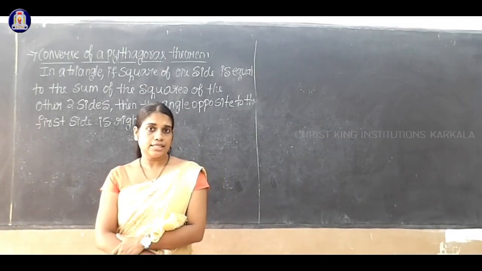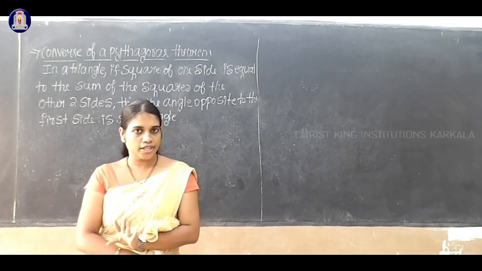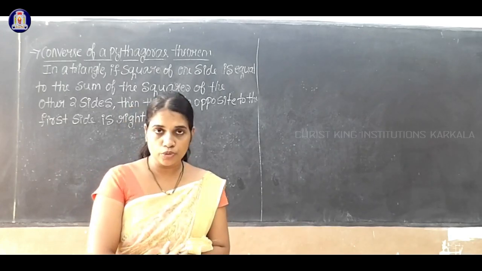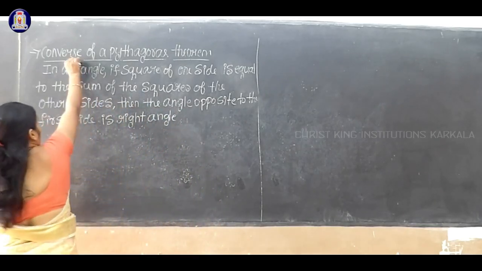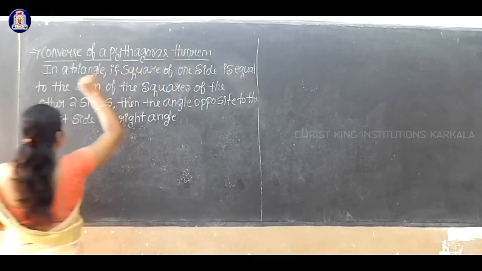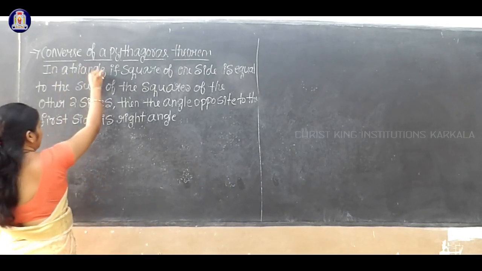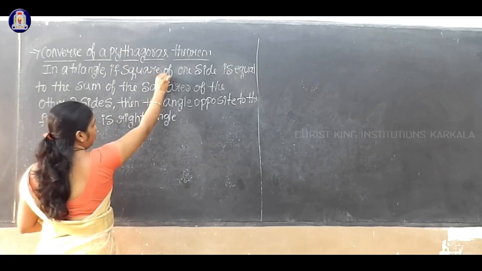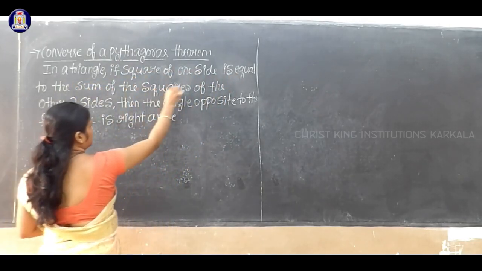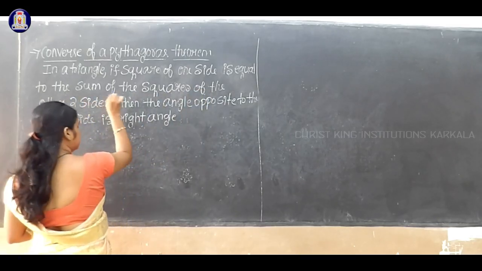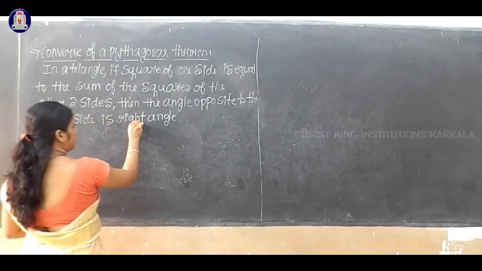So next we will consider the converse of the Pythagoras theorem. Okay. So actually here proof is not necessary. For the converse of the Pythagoras theorem, proof is not needed, only the statement. Okay. Only the statement is enough. So the converse of the Pythagoras theorem: see here, in a triangle, if the square of one side is equal to the sum of the squares of the other two sides, then the angle opposite to the first side is a right angle.